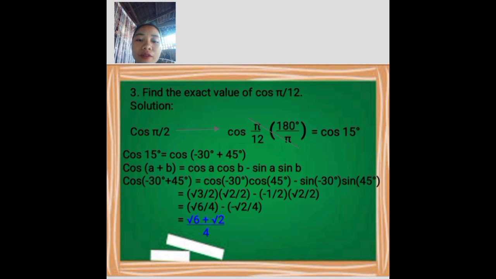Then the corresponding value of cos negative 30 degrees is square root of 3 over 2 times cos 45, which is square root of 2 over 2, minus sin negative 30 degrees, which is negative 1/2, times sin 45, which is square root of 2 over 2.